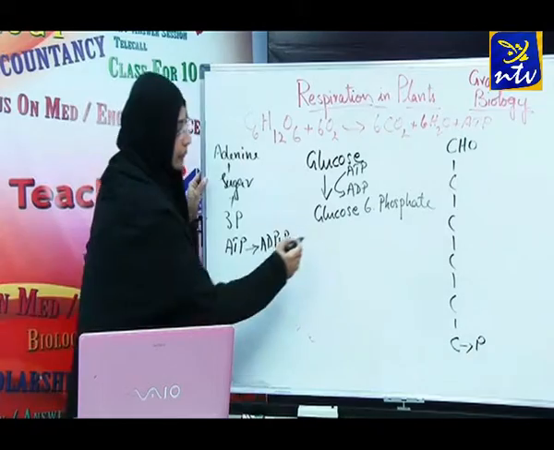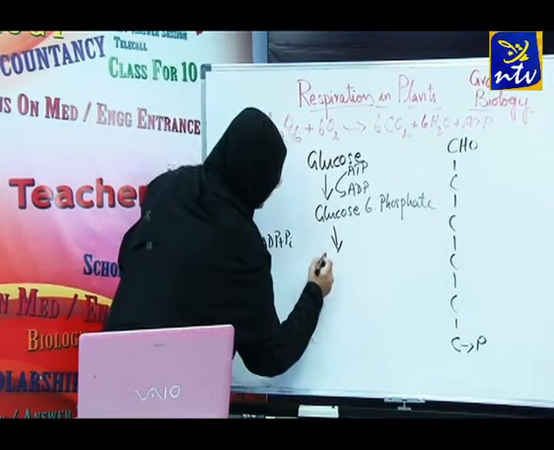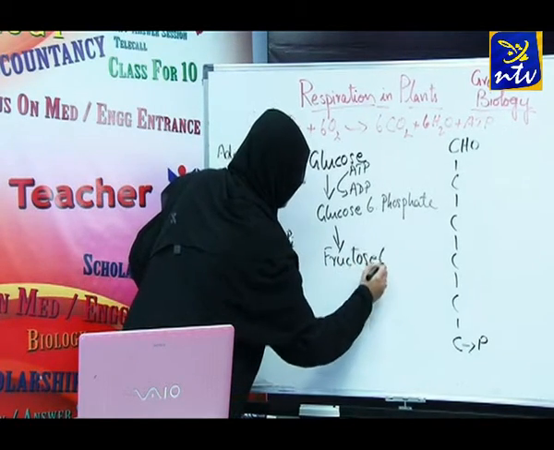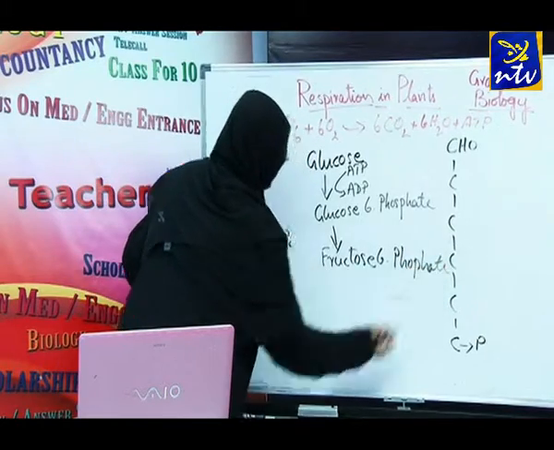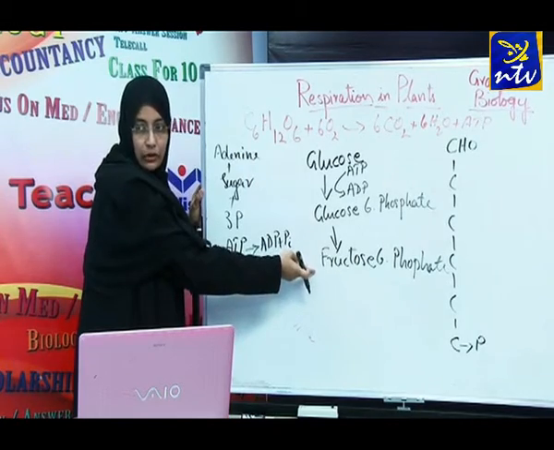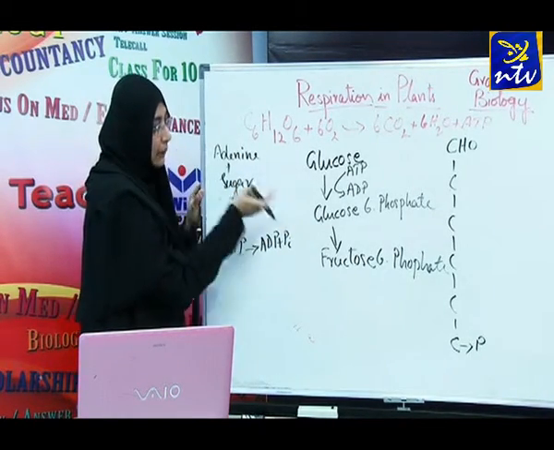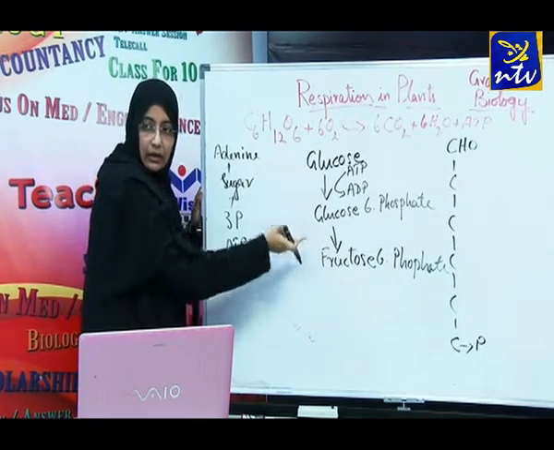Now, what is happening to this glucose 6-phosphate? Glucose 6-phosphate is again converted into fructose 6-phosphate. Here the only change is that glucose became fructose. Now, you should know the difference between glucose and fructose, which I have mentioned earlier. Glucose contains the aldehyde group and fructose contains the ketone group.